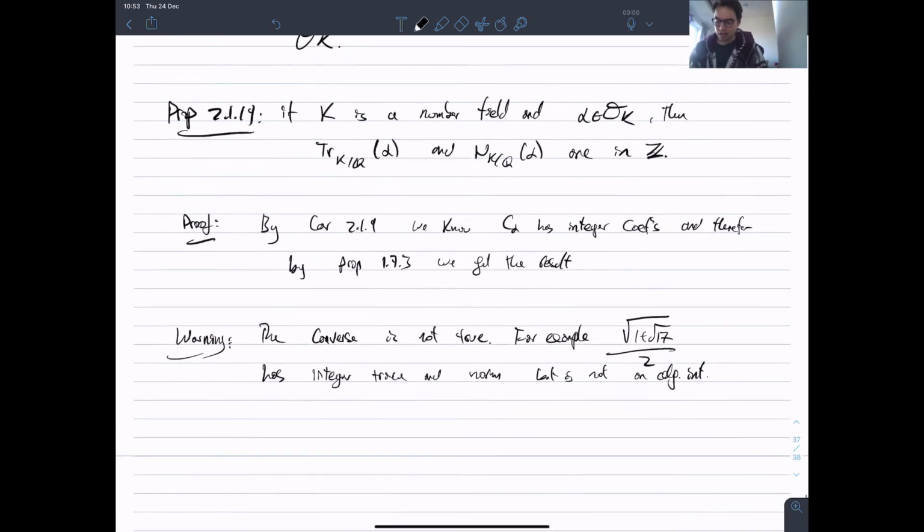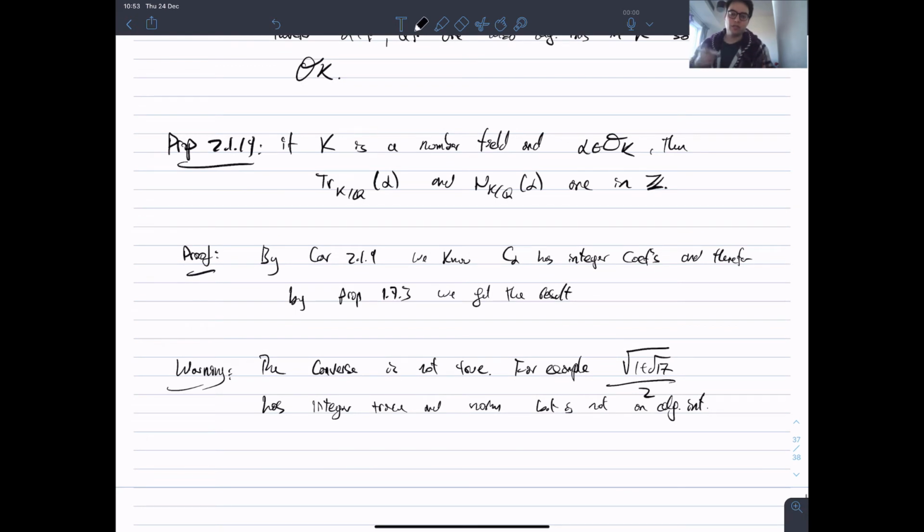This helps us to tell if something isn't an algebraic integer, because if you find the norm and trace aren't integers, then the number that you started with couldn't have been an algebraic integer. It's useful for these sorts of things.